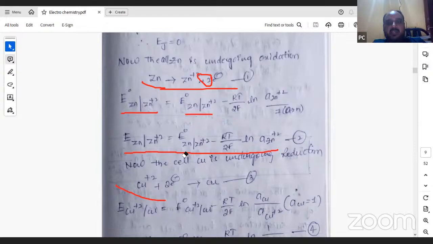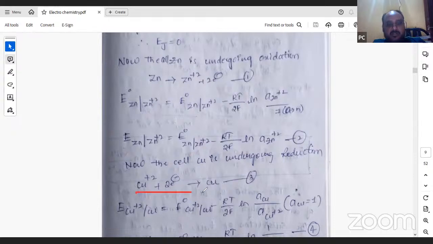Similarly, copper is undergoing reduction. The representation of that reduction reaction is copper plus 2 plus 2 electrons gives rise to copper. Those two electrons are gained by the copper, so copper plus 2 ions will be converted to copper.